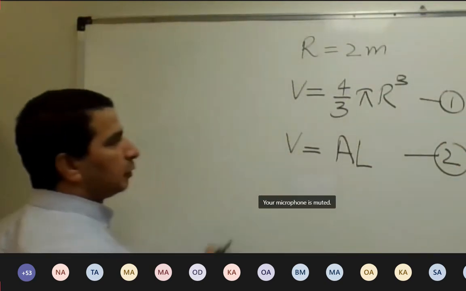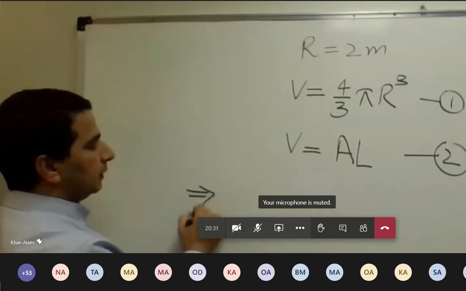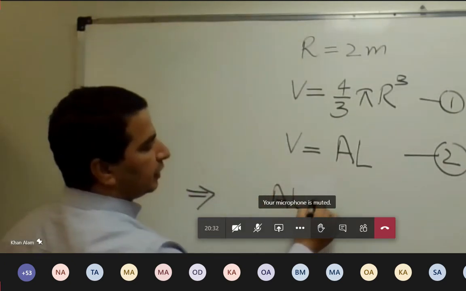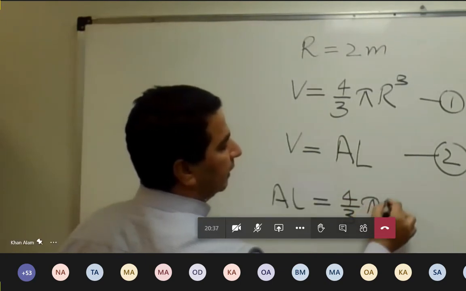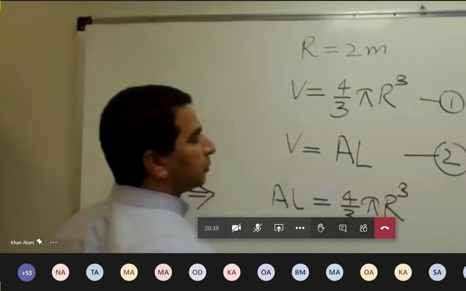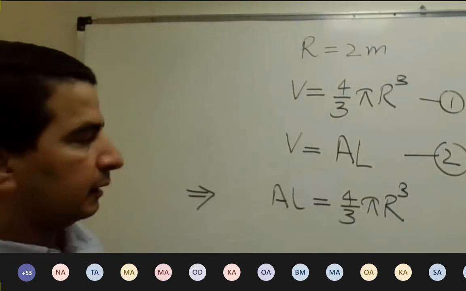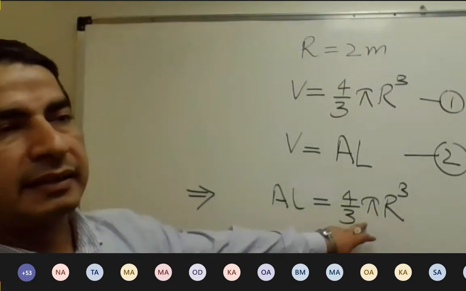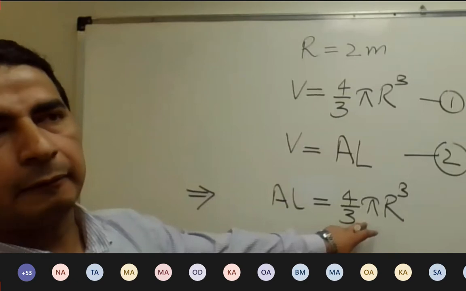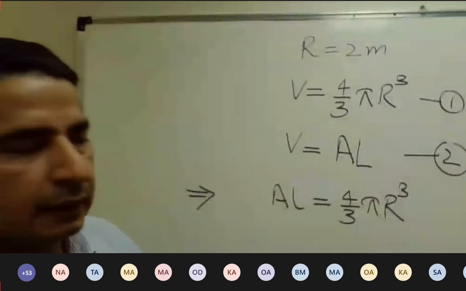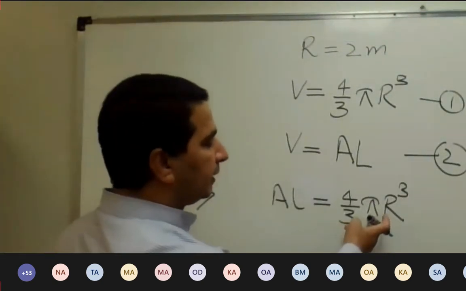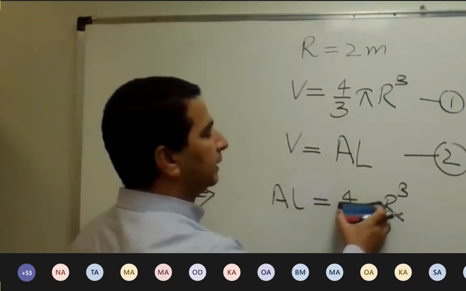And now I'm going to put them together because I'm assuming that these two volumes are the same. So 4/3 pi r cubed. Since we are going with the approximation, you know that the value of pi is 3.1416, which is a little more than 3, but since we are approximating anyway, we can approximate this to 3 and cancel out the pi with the 3.